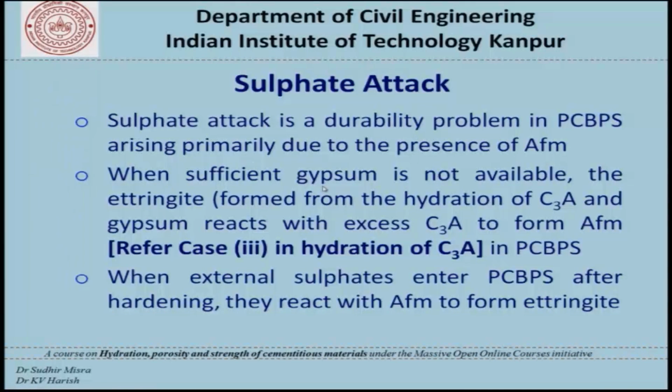If you get back to some of the reactions that we saw in the previous lecture and see for which case we got monosulfoaluminates, you will find that when sufficient gypsum is not available, the ettringite formed from the hydration of C3A and gypsum reacts with excess C3A to form AFM or monosulfoaluminates.